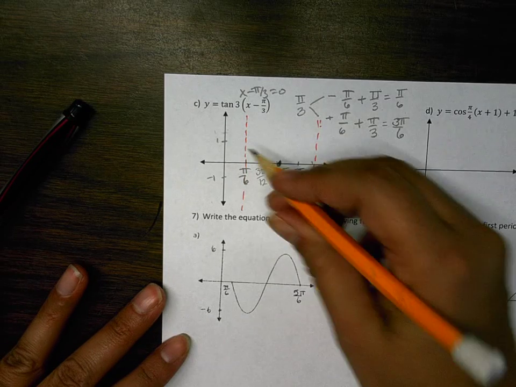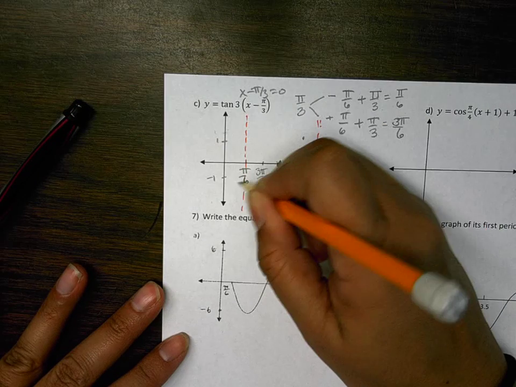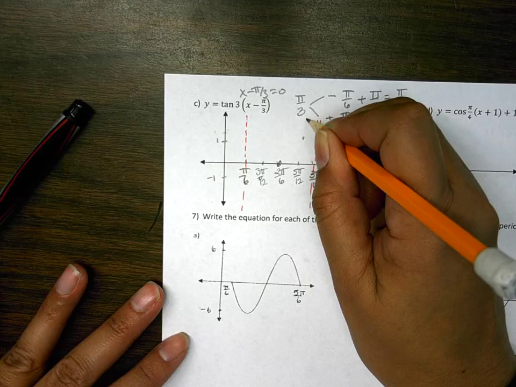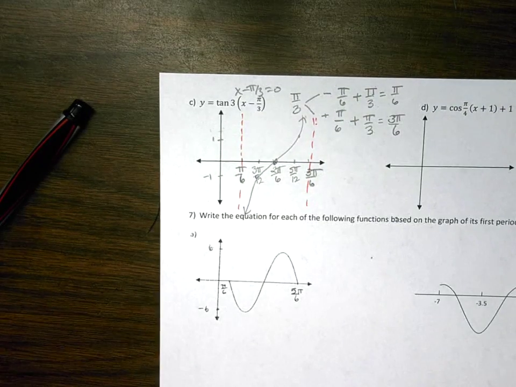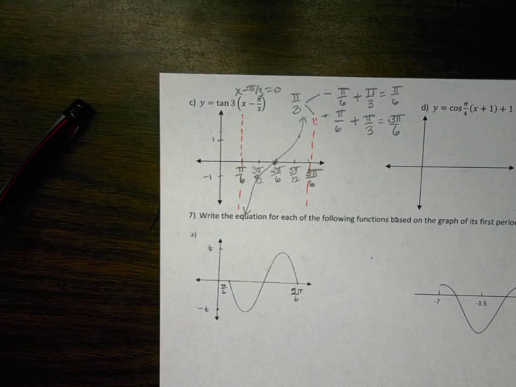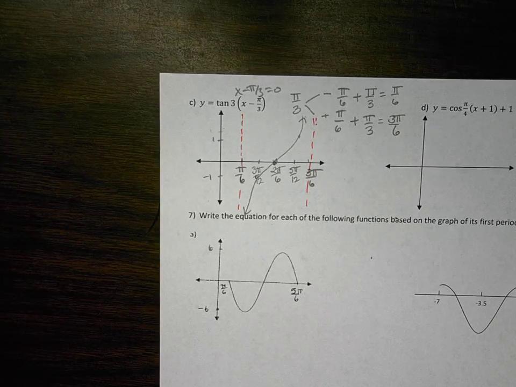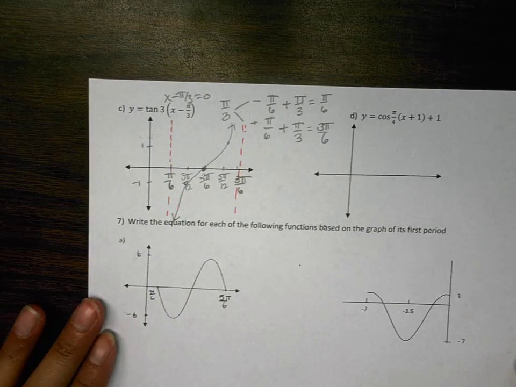So this one is a 1, this one is a -1, and it's going like that. Questions? We're good? All right, letter D.